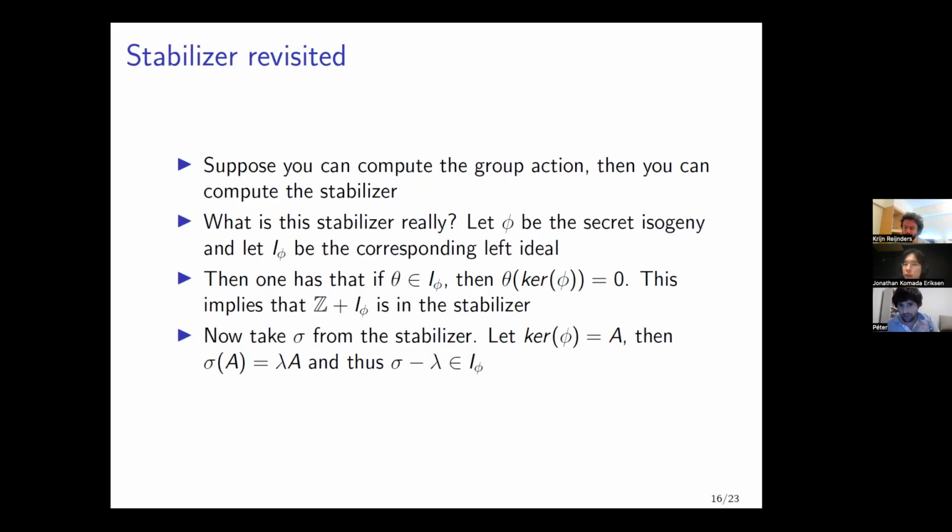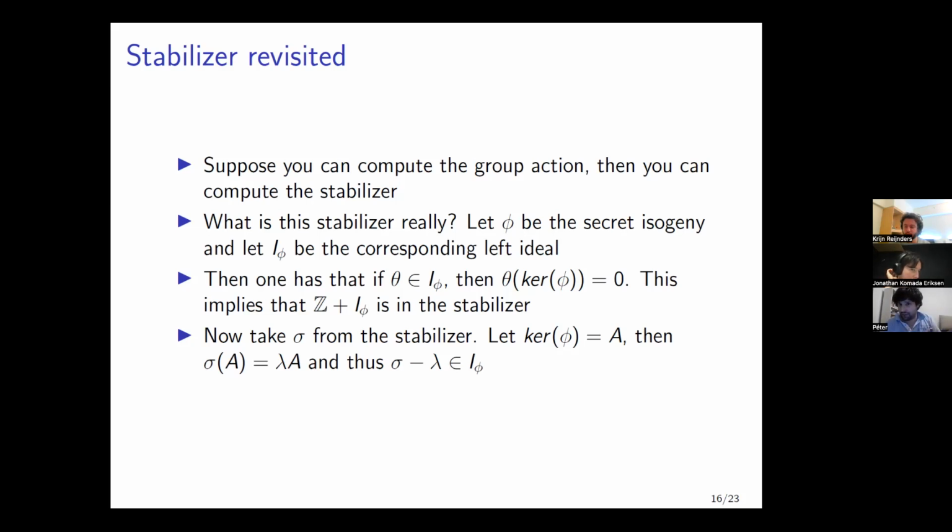Let I_phi be the corresponding left ideal of the endomorphism ring of E_0. If I take an endomorphism from this ideal, it means that it vanishes on the kernel of phi. This is the definition.